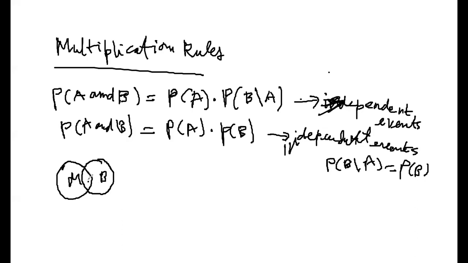So how many are male and code B? The male is 39, and the one that is code B is 27.